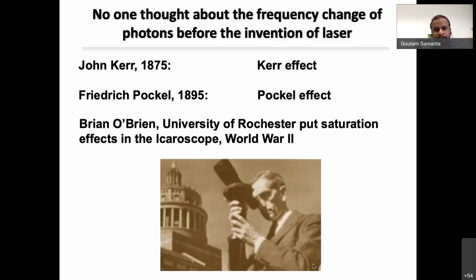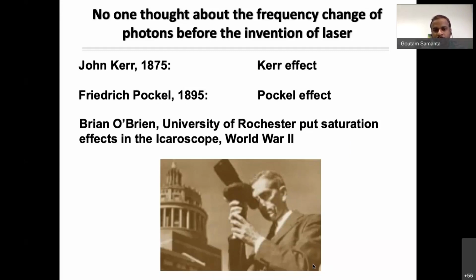The nonlinear optical effect goes all the way back to 1875, when the Kerr effect was reported, and the Pockels effect in 1895. And in World War II, Professor Brian O'Brien of Rochester University developed an icaroscope to see objects.